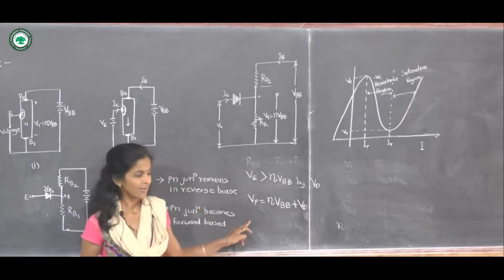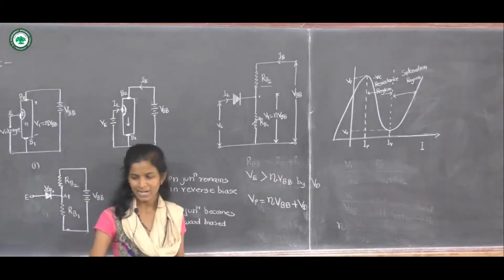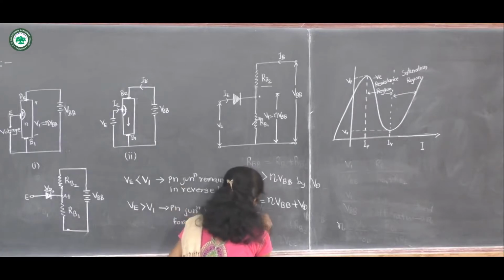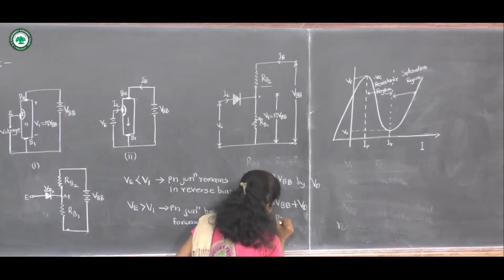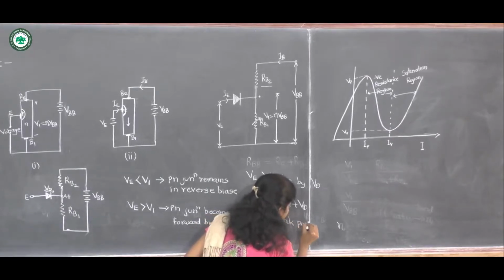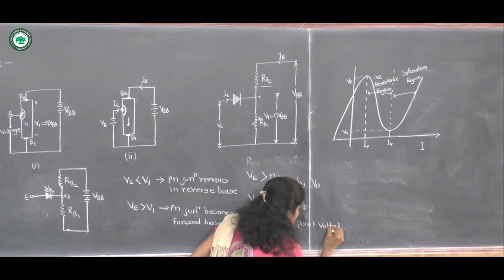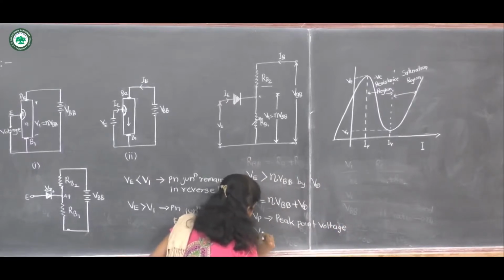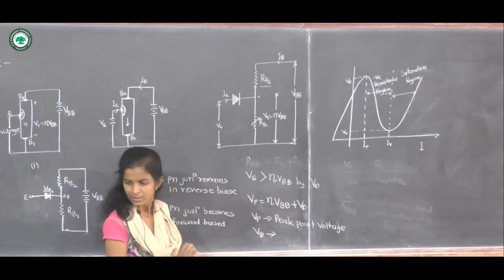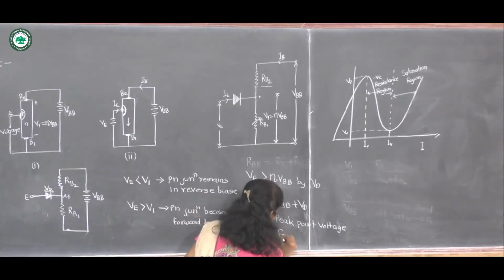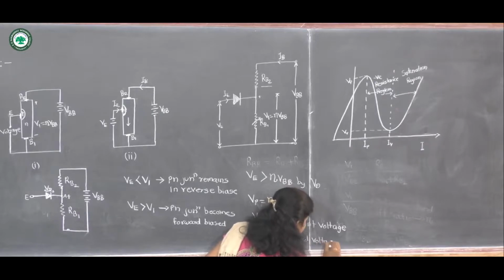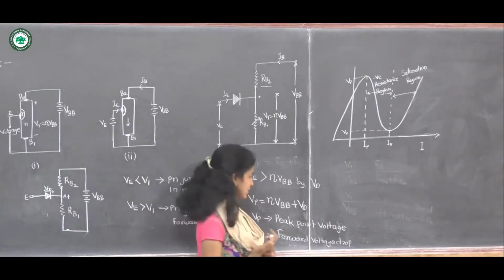Here VP is called the peak point voltage and VD is called the forward voltage drop across the silicon diode.